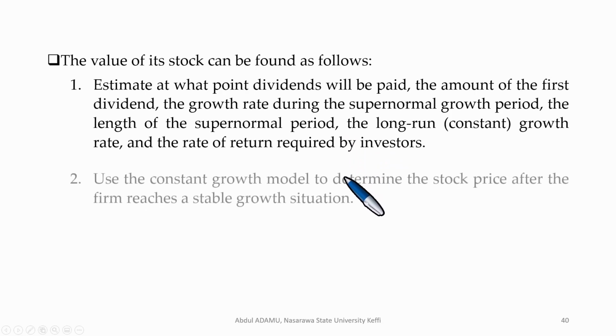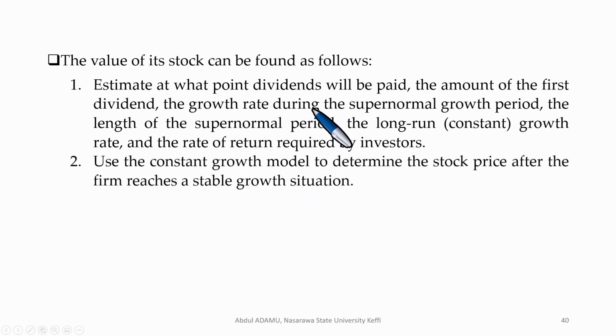When you determine that, you then find the present value backward. Then use the constant growth model to determine the stock price when it reaches a stable growth situation.